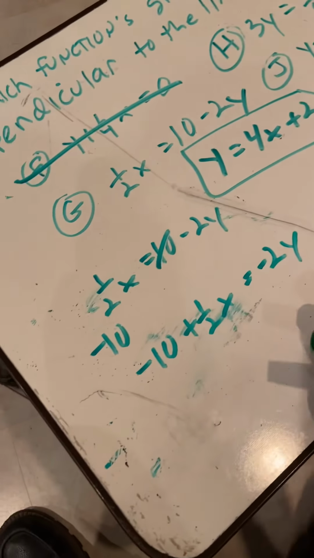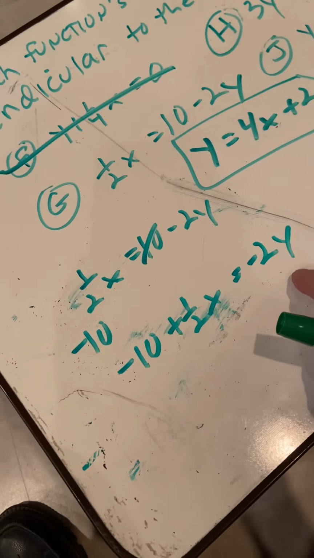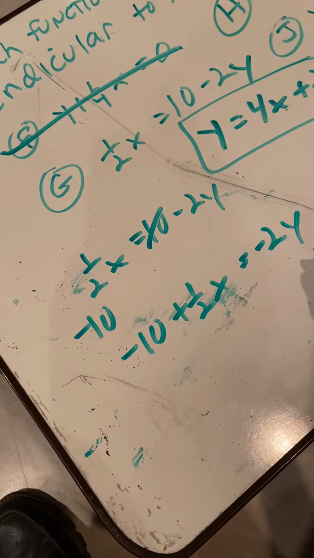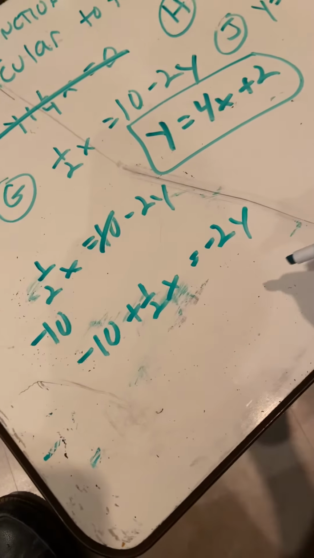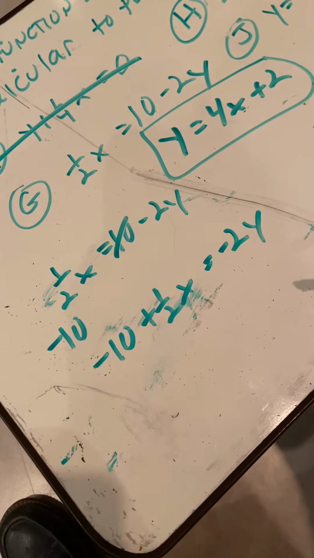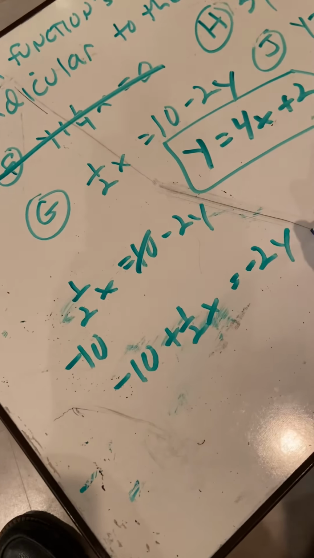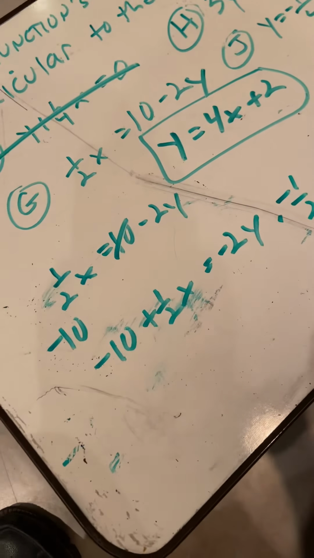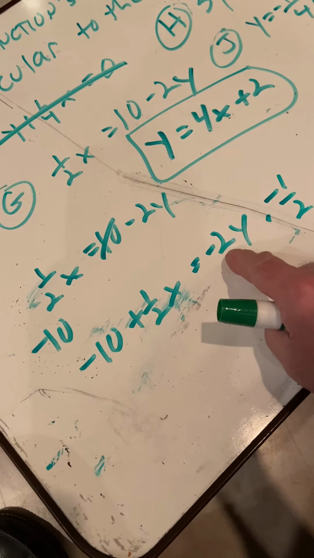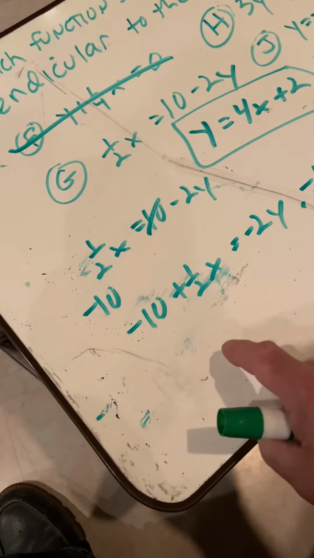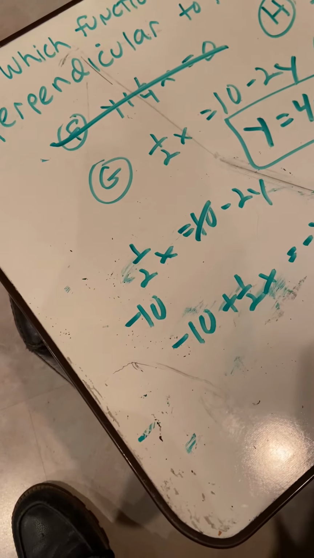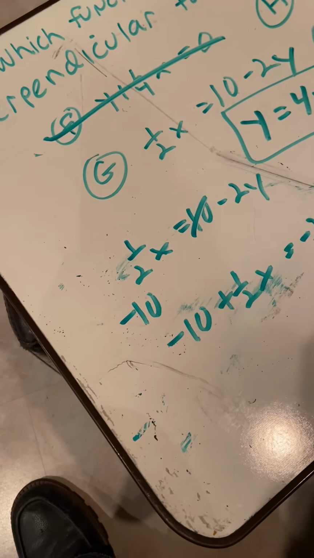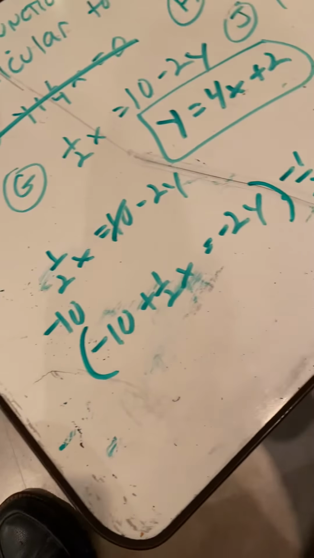Okay, so now we want to find what y is, so we have to divide both sides by negative 2, or we can multiply both sides by negative 1/2. So we're going to do that. Okay, we want to turn this into 1. So we're going to multiply everything by negative 1/2.